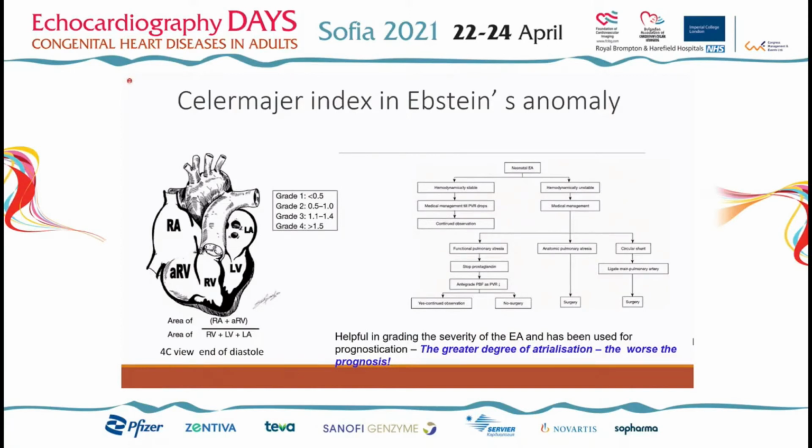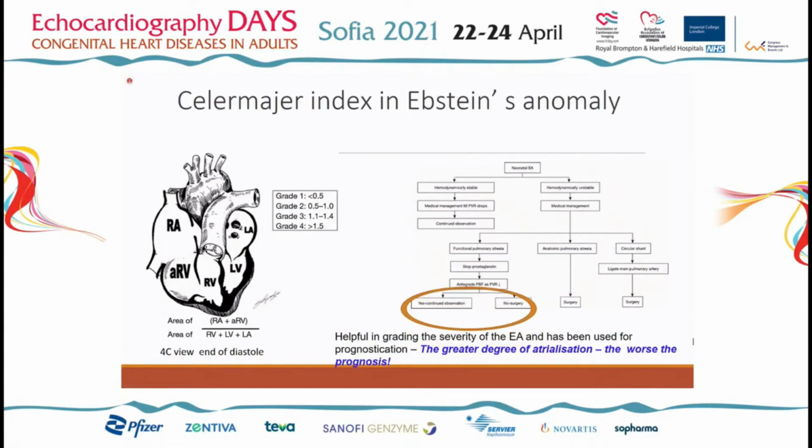The greater the degree of atrialization, the worse the prognosis. We actually use the 4-chamber view for this ratio, comparing the atrialized right ventricle and right atrium with the functional right ventricle and the left heart. A ratio below 0.5 is grade 1, and grade 4 is a ratio more than 1.5, which is the worst for the prognosis.